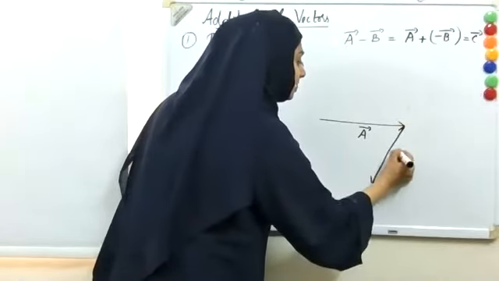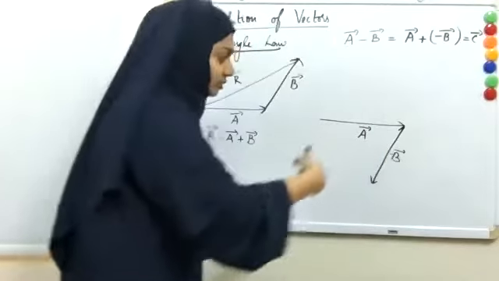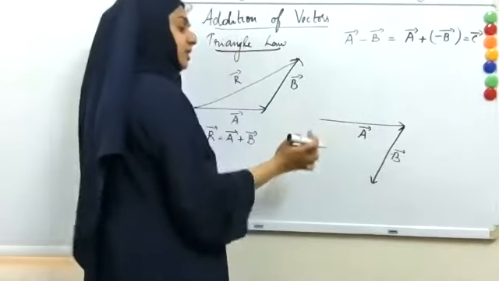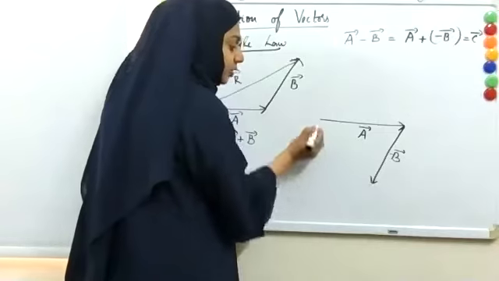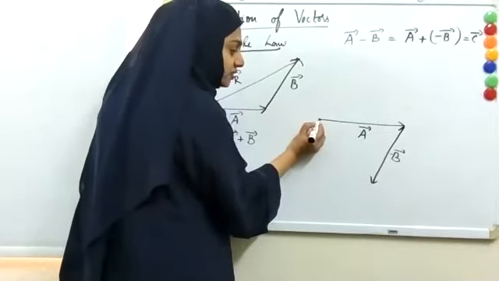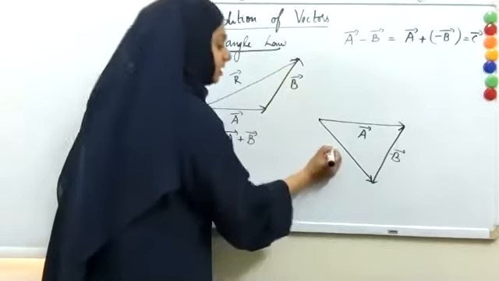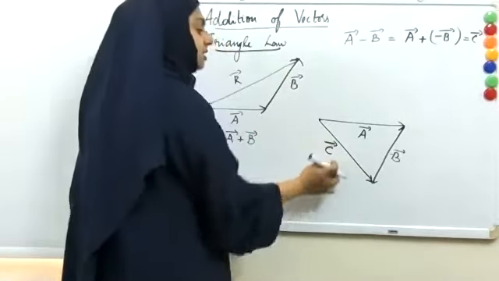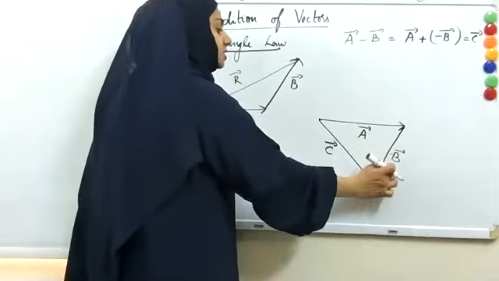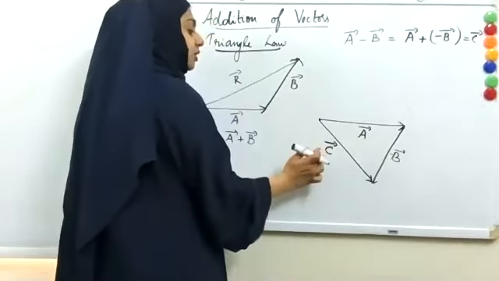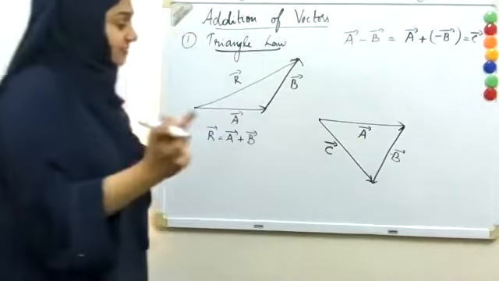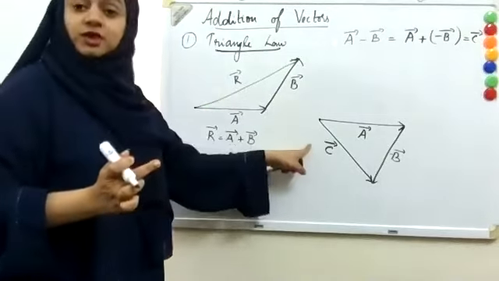So this will be vector B in the opposite direction. So this is minus B. Now to add them, you have to start from the tail of the first vector and end at the head of the second vector. So this is vector C, which is A plus minus B, or A minus B will give you vector C. Are they the same, vector R and vector C?